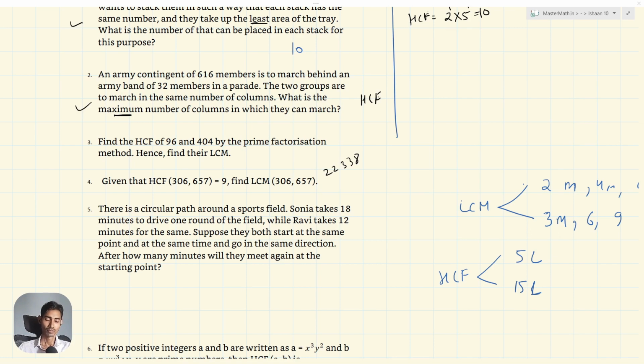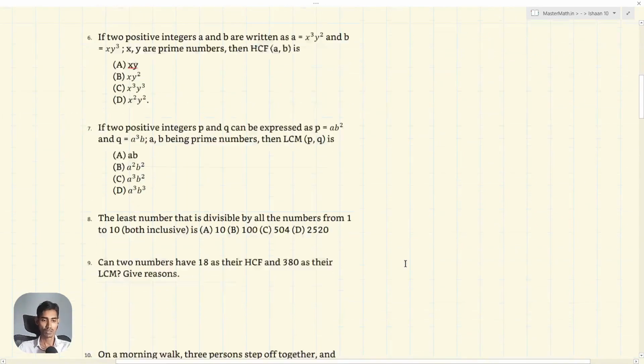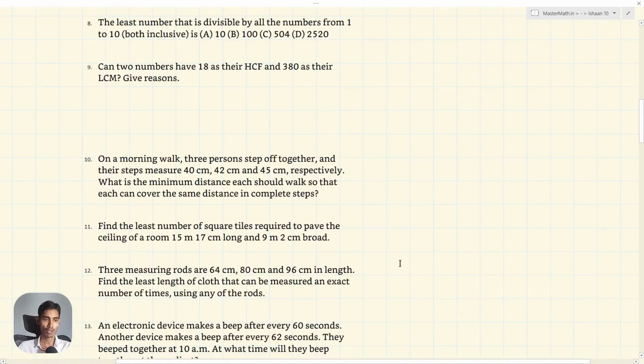If it takes one round for both of them to cover in this much time, then in order to meet, they'll do more than one round. So the minutes will be more. So LCM. Exactly. So 12 would not meet 18 in the first go. It has to be at least 2, 3, 4, 10 times, whatever it is. It has to be more than 18. And therefore the answer would be more than the two given numbers, and therefore LCM. You solve this later on, but hope you got the point.